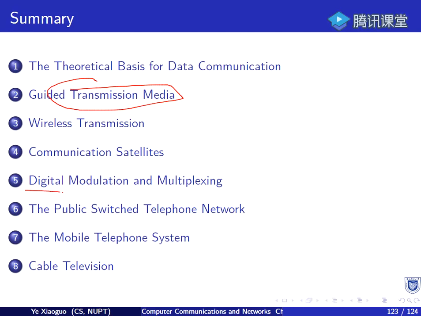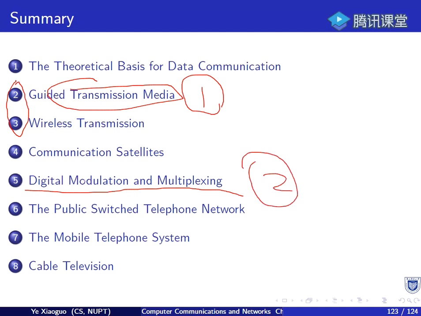Then we should understand digital modulation and multiplexing. So this is the key point: guided transmission and wireless transmission. Then the second point we should understand is digital modulation and multiplexing.